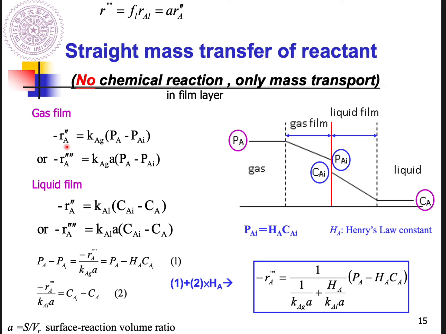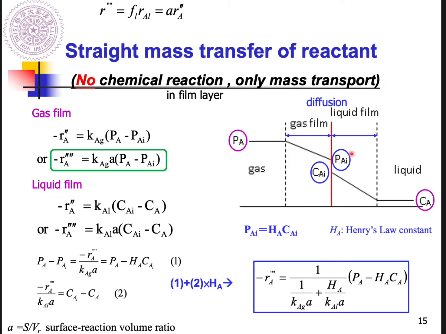And as you know, this is per interfacial area, per unit area. But as we mentioned before, for fluid-to-fluid chemical reaction, we want to express this as r_A prime, per reaction volume. So we can just multiply this equation by a and get r_A prime = k_AG a (P_A minus P_AI).